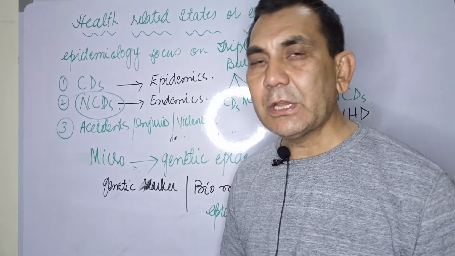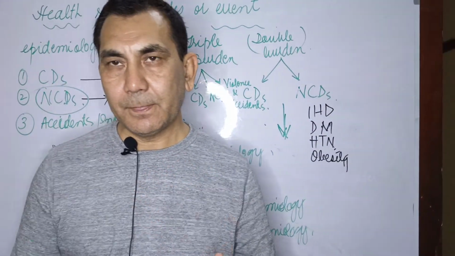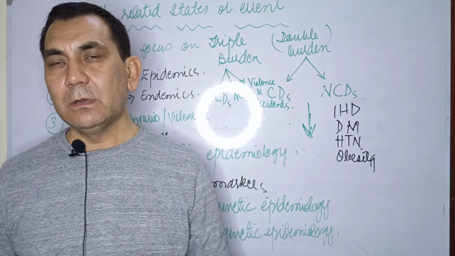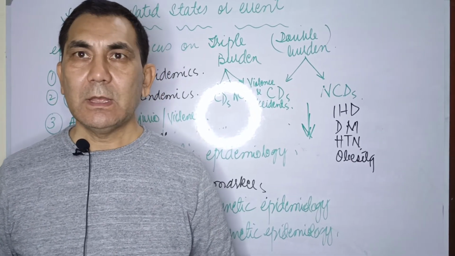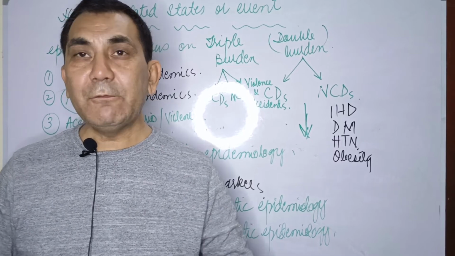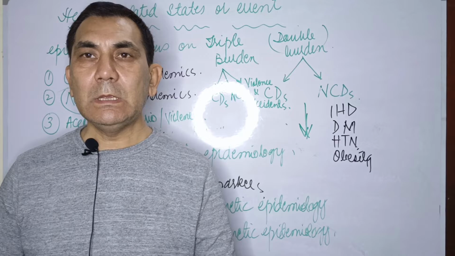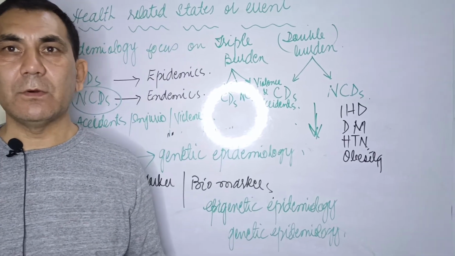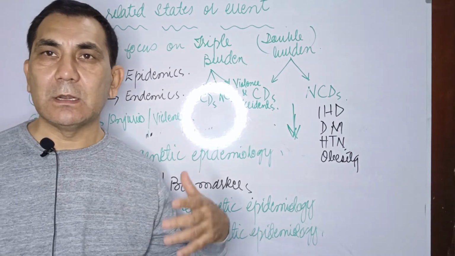Through these genetic markers and biomarkers, they can prevent or control the disease in a specific population, and they can form new vaccines for new types of viruses or bacteria.